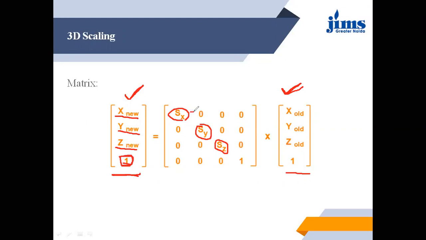Suppose I solve the first row: this is Sx multiplied by x old, plus 0, 0 and 0, meaning the rest three are 0. So x new equals x old into Sx.